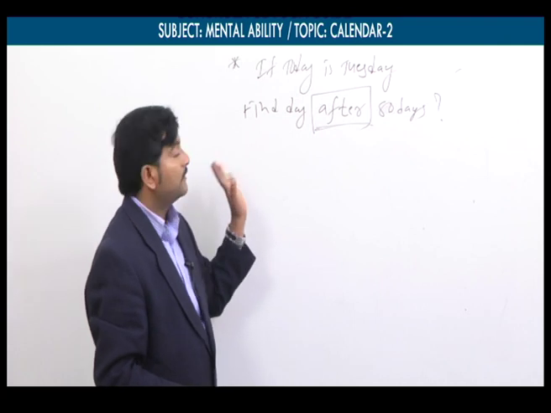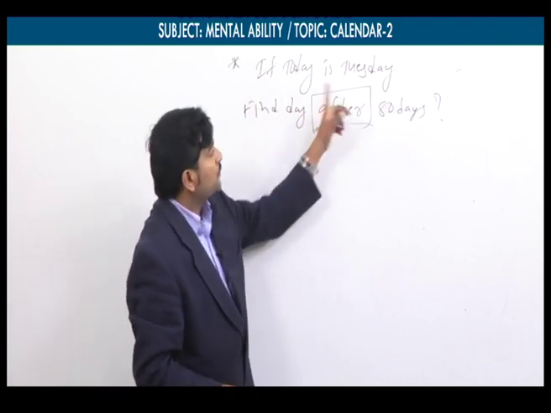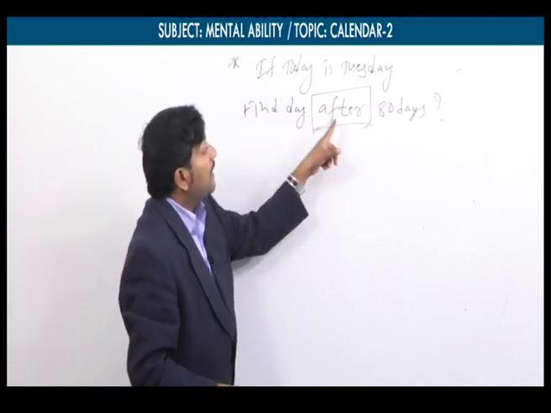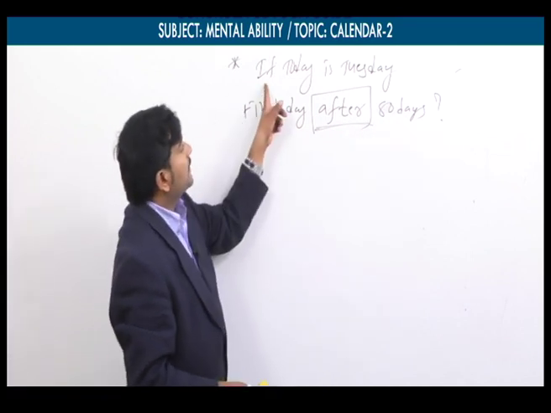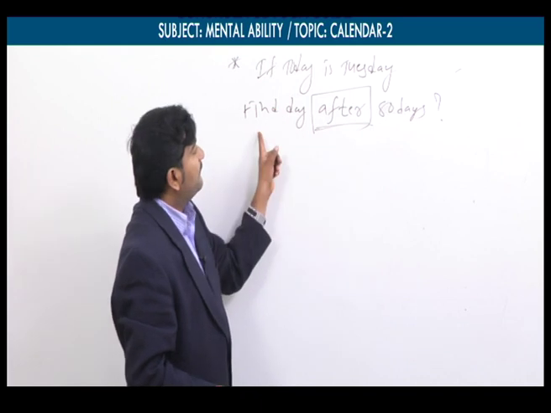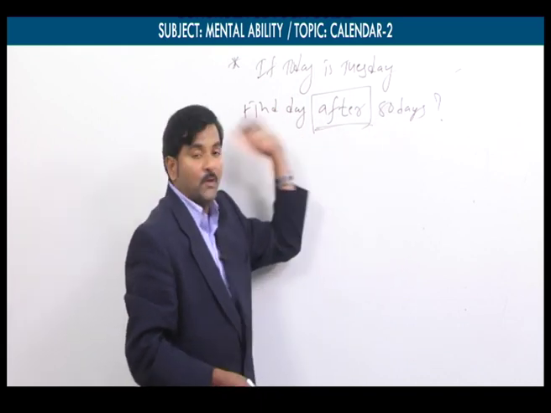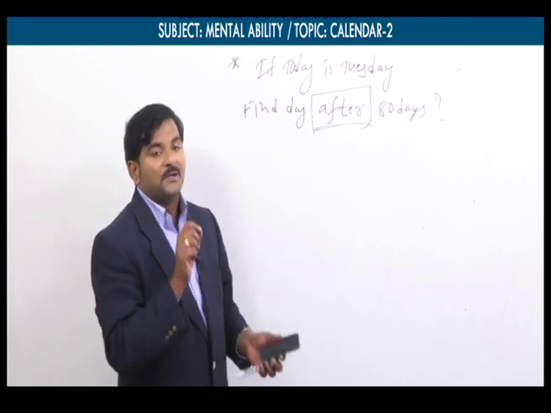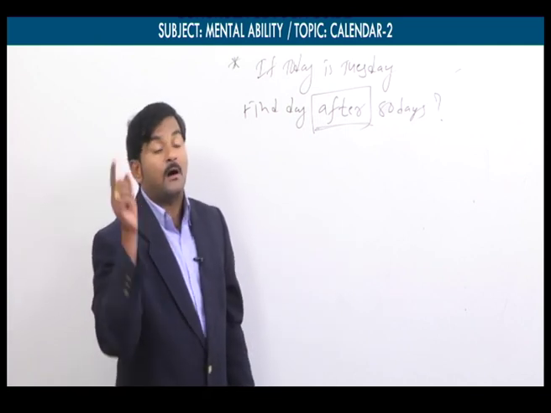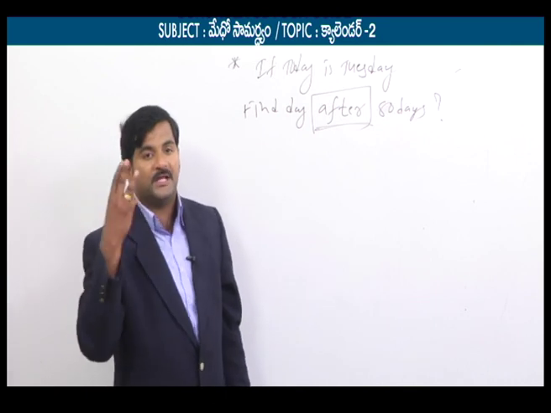If today is Tuesday, find the day on the 80th day. If today is Tuesday, find the day 80 days ago. That's why we need to stress after, on the day, and ago.